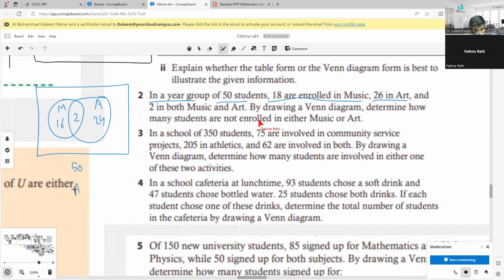Okay, let's do it mathematically. A intersection M is equal to 2, M is equal to 18, A is equal to 26.